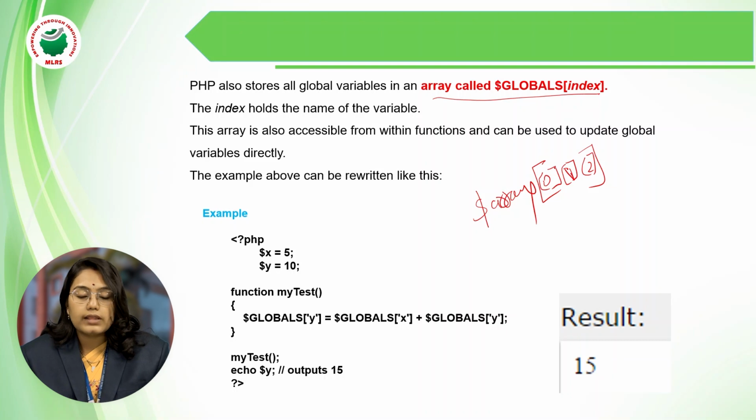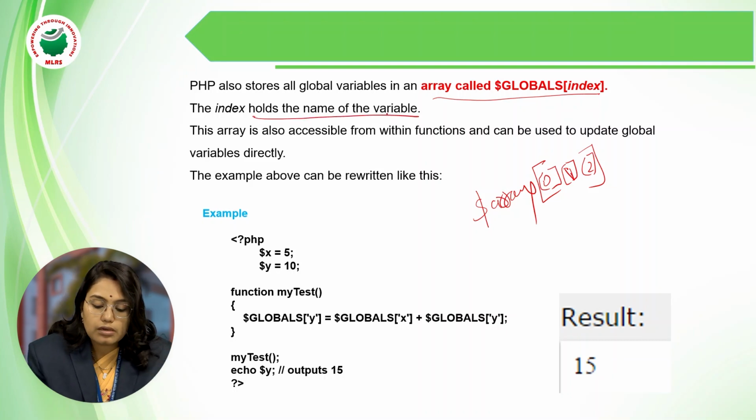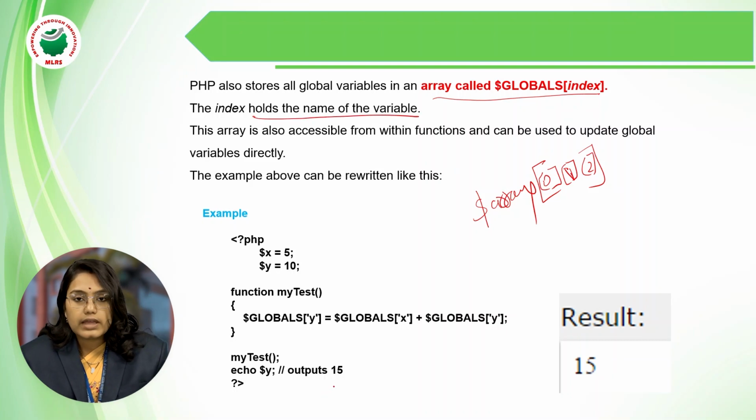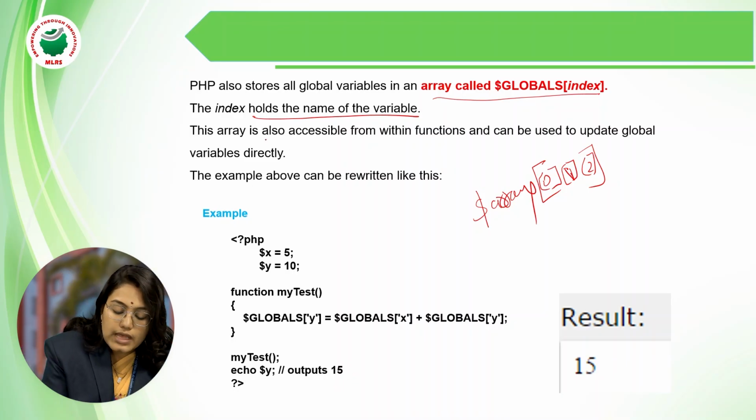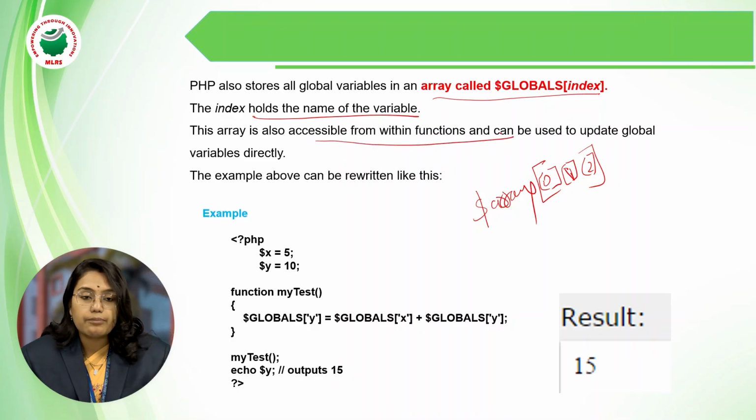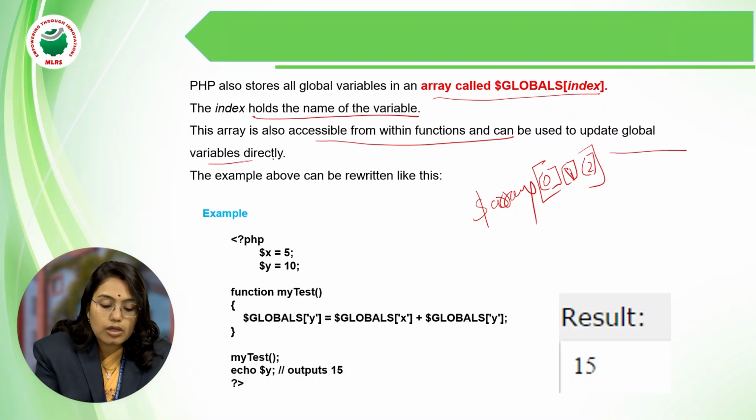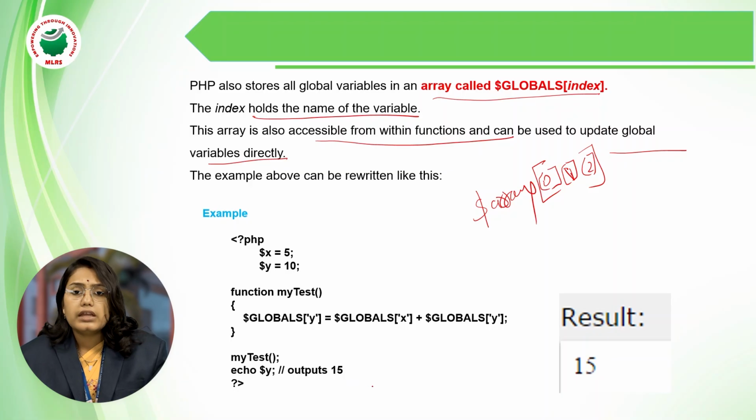The index holds the name of the variable. This array can also be accessed from within the function and can be used to update global variables directly. It can update global variables directly.